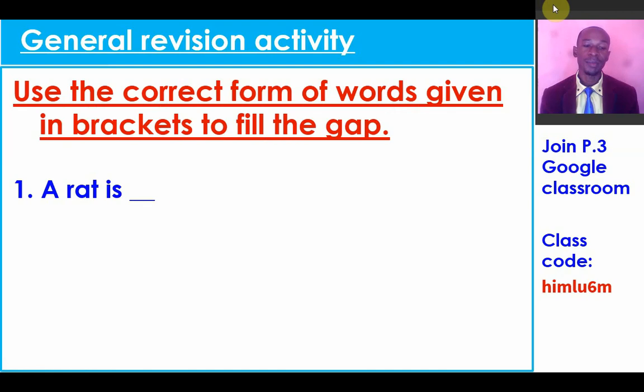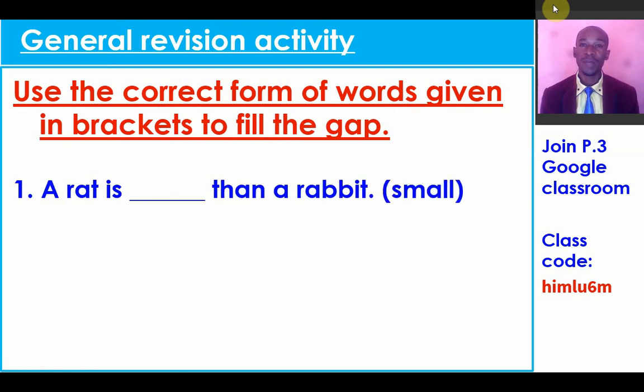So giving an example, number one, a rat is dash than a rabbit, and in brackets I have the word small. What is the answer there? We have small, smaller, smallest. Of the three words, what is the answer? I want to check. Do you still remember when we use the three words or each of them?